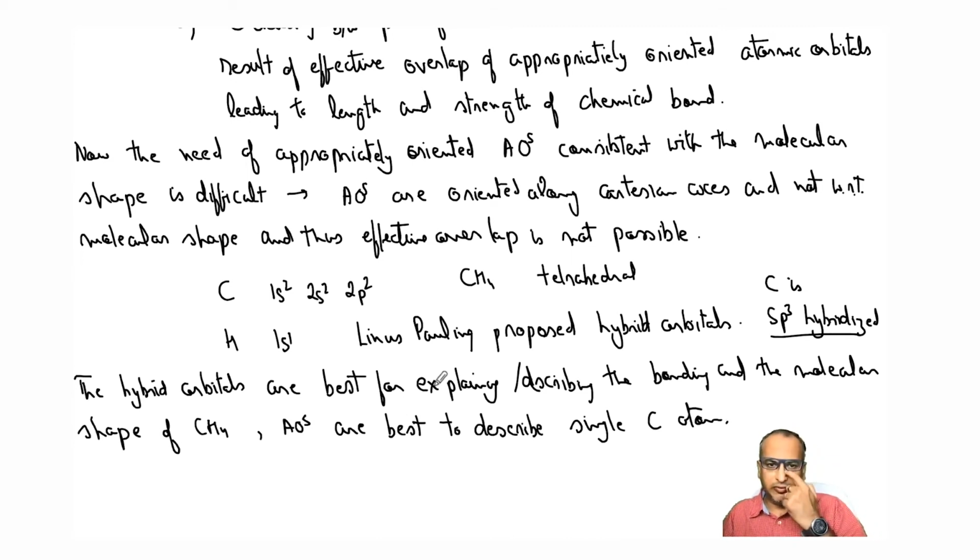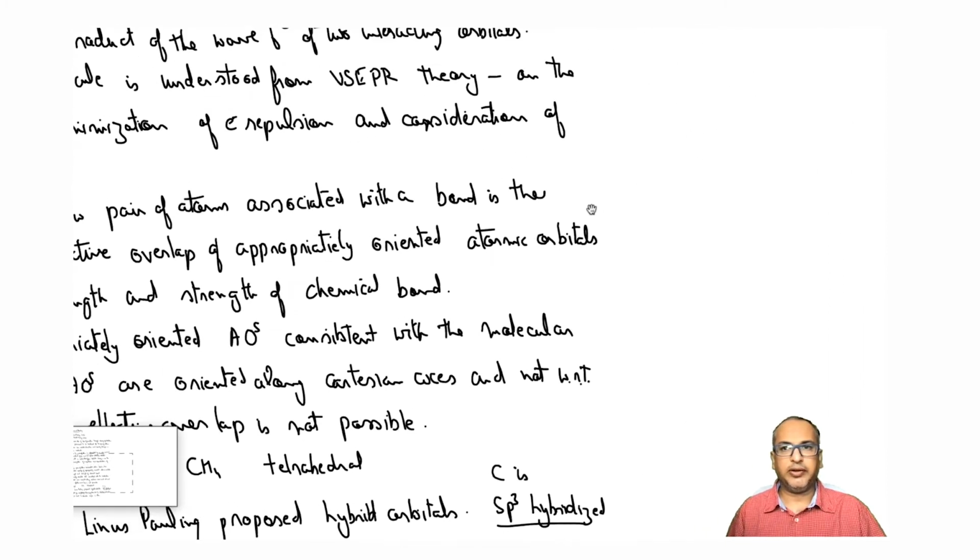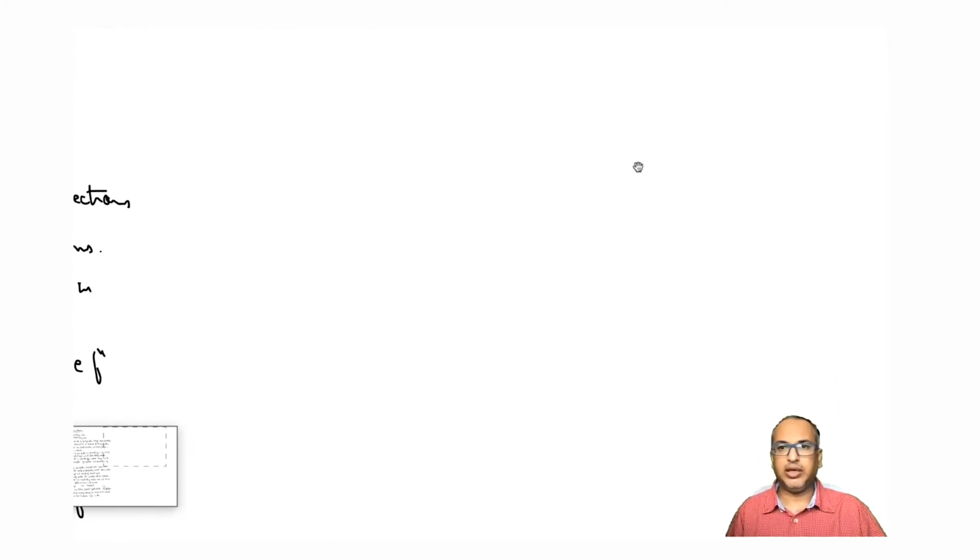So this we can understand now. Let us now see how symmetry and group theory arguments can be used to develop what atomic orbitals can be mixed to give you a hybrid orbital, which will satisfy the tetrahedral shape of the molecule. All right, so let's go there.